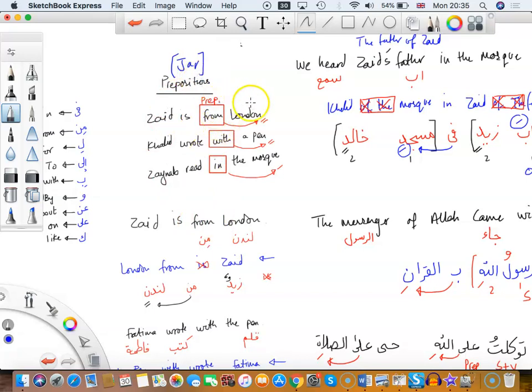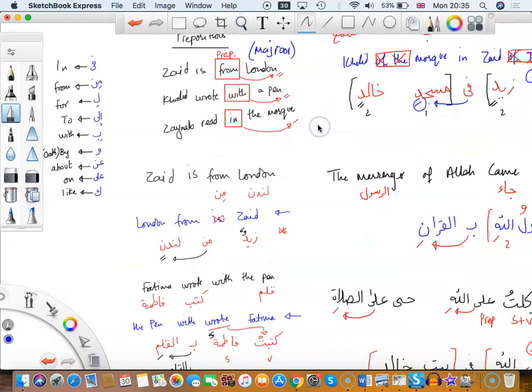And the word after the preposition is called majroor. Remember that guy in chemistry? You see him at the back. Just look out the window. So jar, preposition, the word after jar is called majroor. And the rule simply is whenever a jar appears, it gives kasra to the word after it.